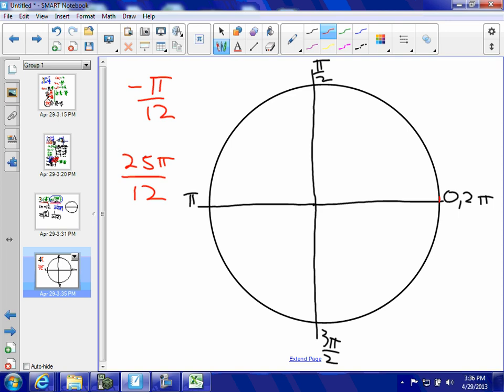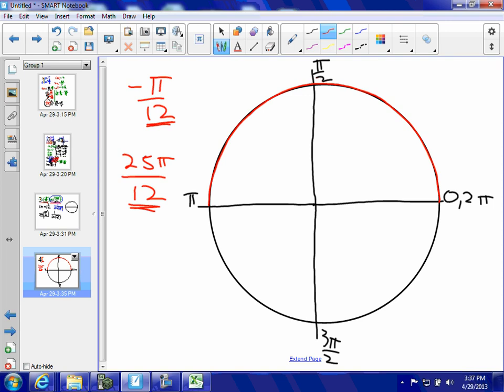If the distance all the way around to here is pi, and my denominator is pi over 12, I want to divide that up into 12 pieces. That means I need 6 pieces on each side.